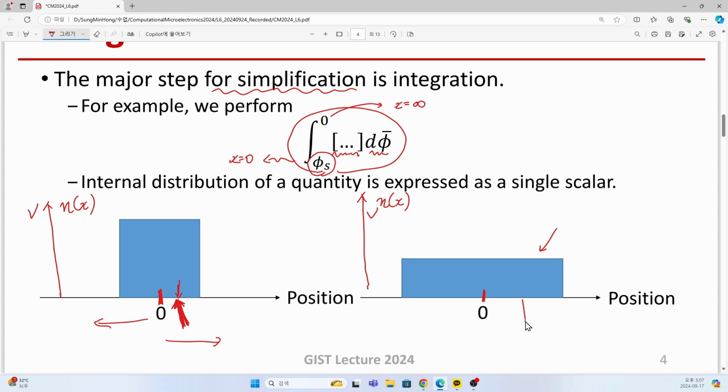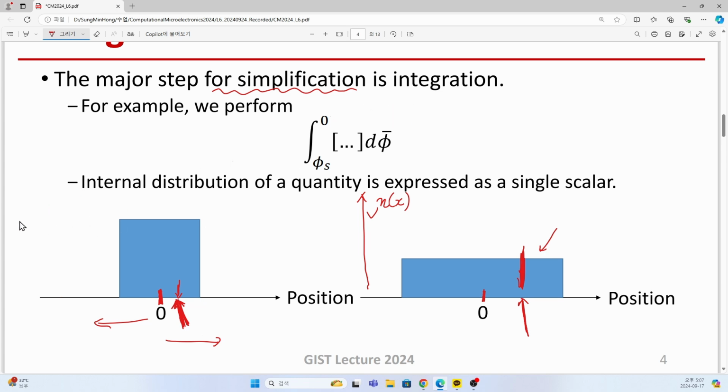Of course, in this case, if we ask ourselves the average absolute distance of this electron distribution, then we'll say that the electrons are centered at this point because they are more widely distributed compared with this left side one. So simply speaking, although two different distributions can give us identical or sometimes identical results, it does not necessarily mean that these two distributions are really identical.